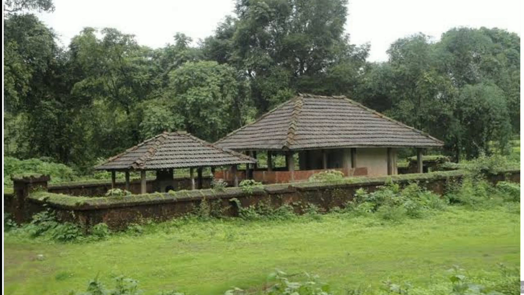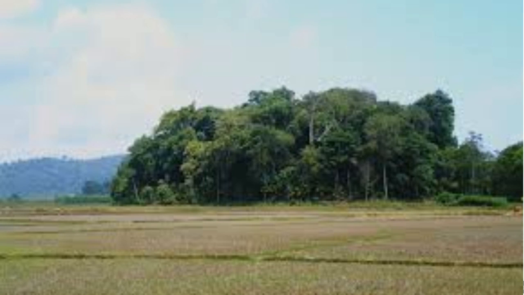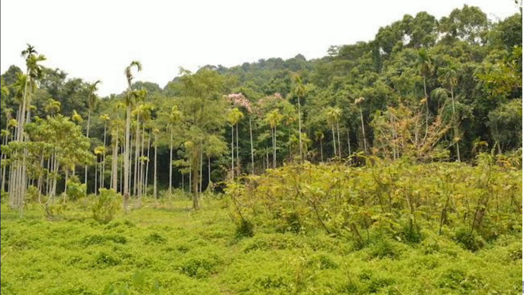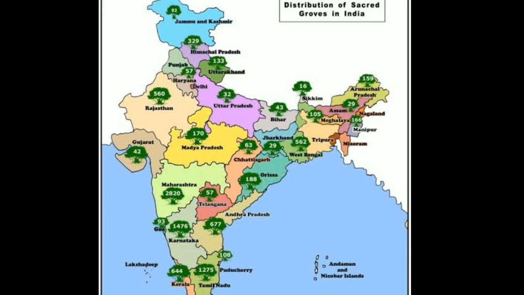These clusters of thick forests are present not only in the Western Ghats of India but in the entire country. More than 13,000 sacred groves have been reported in India. We can give more examples of these sacred groves, like in Rajasthan, Dev Narayan. This is a sacred grove. This Dev Narayan is a collection of neem plants.